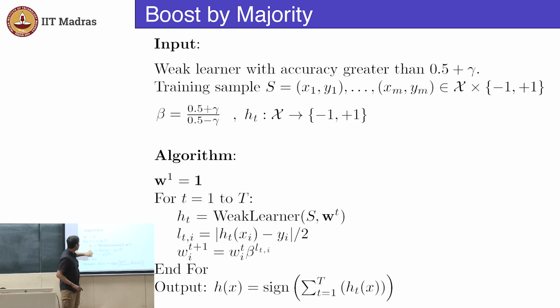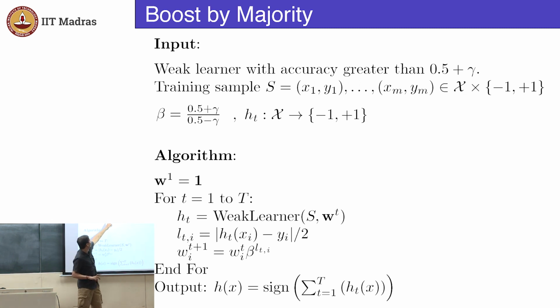Once you have the classifier, you can check how well this classifier performs on each data point. So that's your L_t^i, right? So h_t(x_i) is the prediction of model t on data point x_i. So what do you want? You ideally want h_t(x_i) to be equal to y_i. Right? So y_i is either, let's say, +1 or -1.